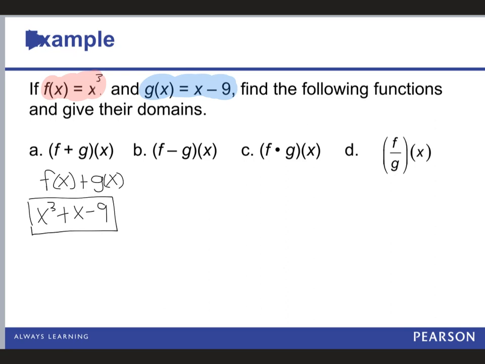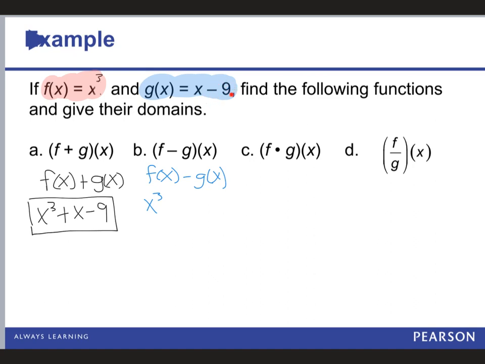All right, so part B asks us to subtract them. So we're going to take f of x and we're going to subtract g of x. And so that means we're going to take x cubed. Now you have to be careful when you subtract here, because remember, we're subtracting g of x. g of x has 2 parts. We're going to subtract x, so that's going to be minus x. But we're also going to subtract this minus 9.